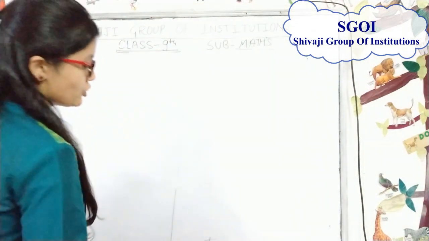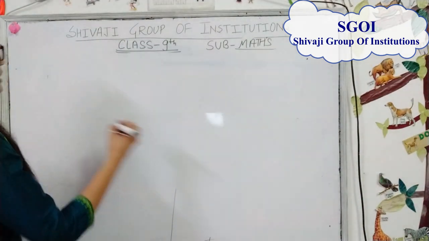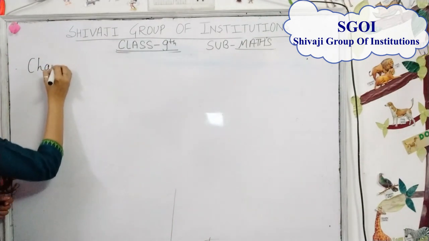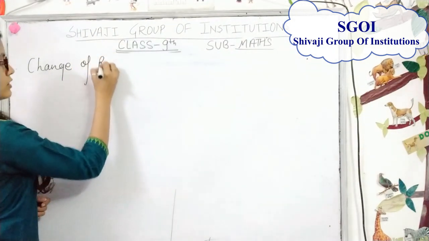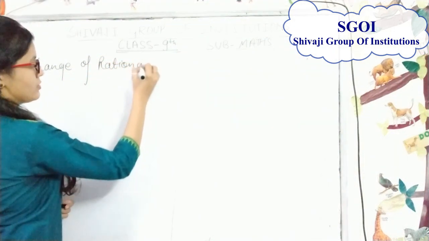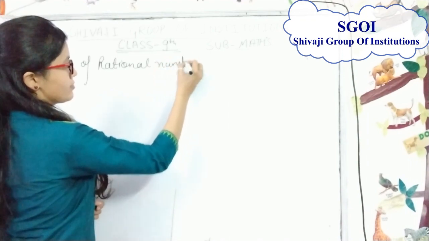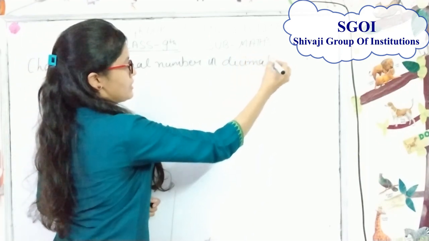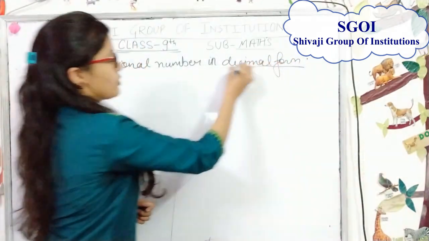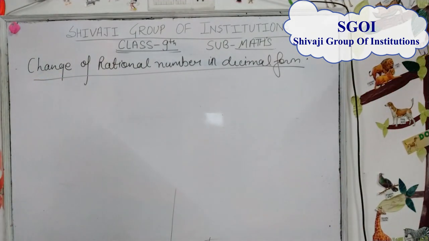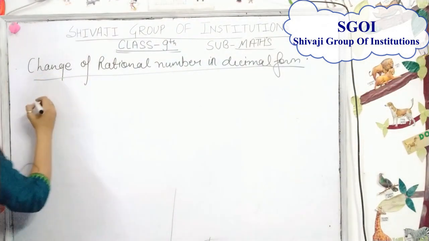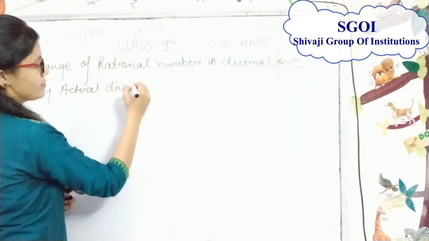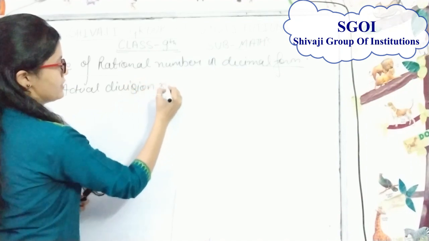Now students, change of a rational number into decimal form by the actual division method.